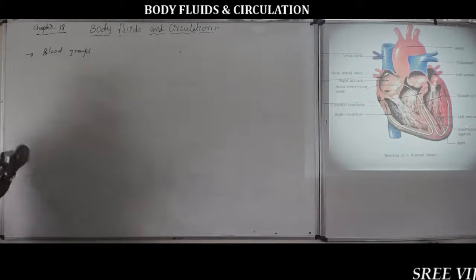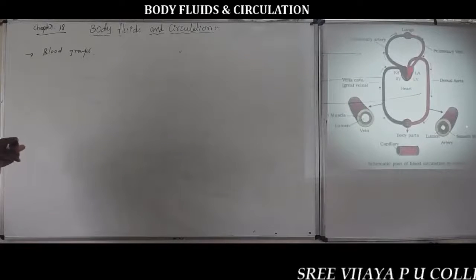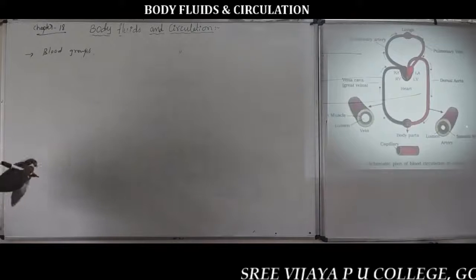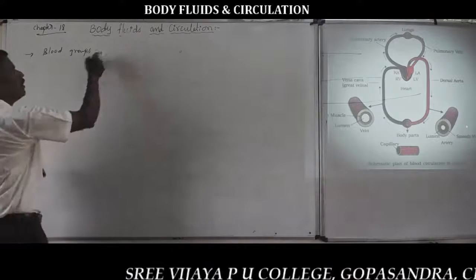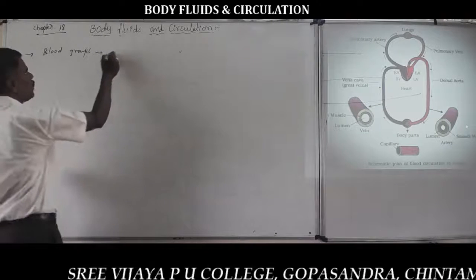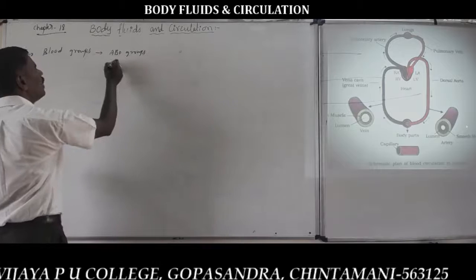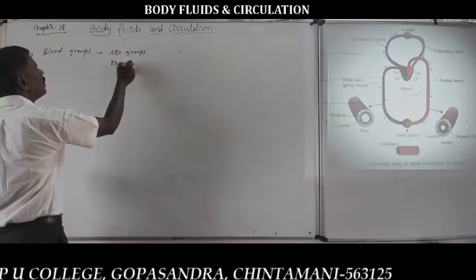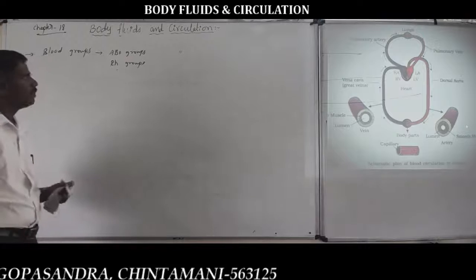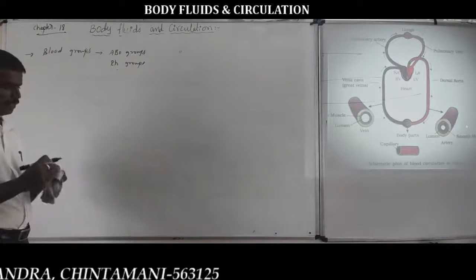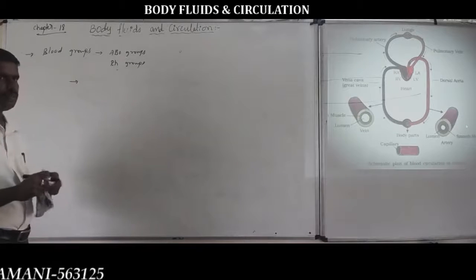Before we go to blood circulation, there are two types of blood groups, that is ABO blood groups and RH blood groups, because it is a little bit important for the CET purpose.